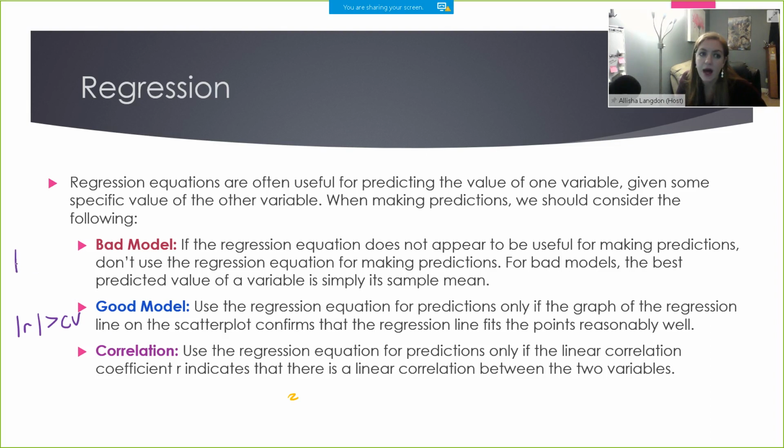It is a bad model if your R is less than or equal to your critical value, meaning it's not large enough to represent a line.